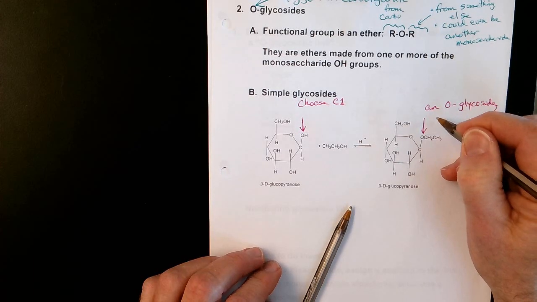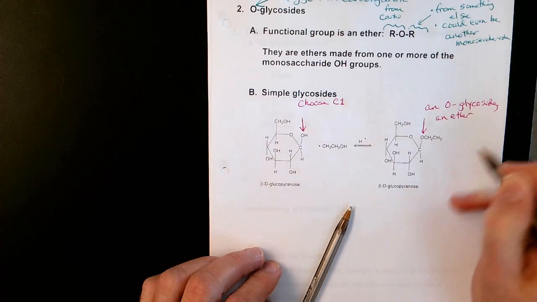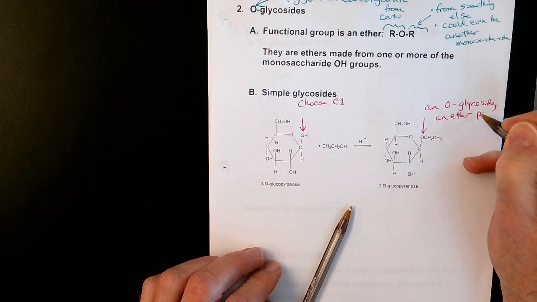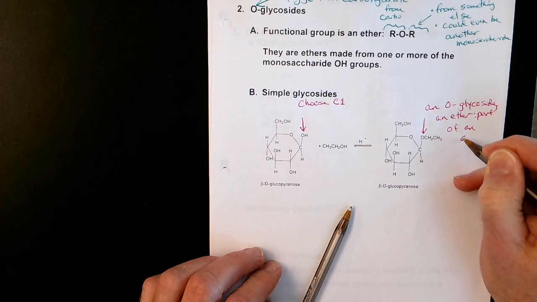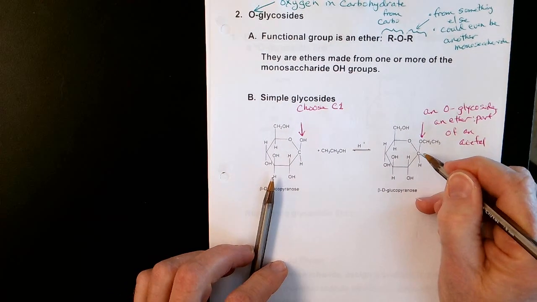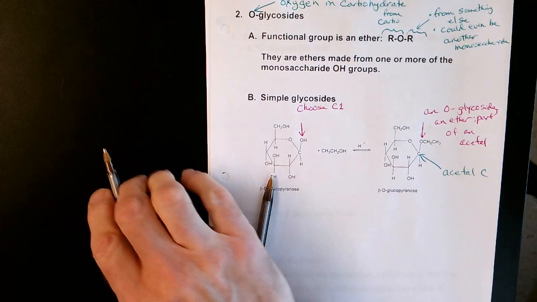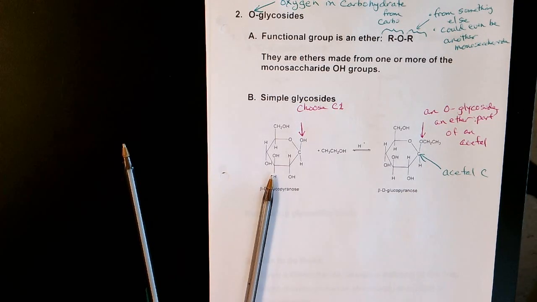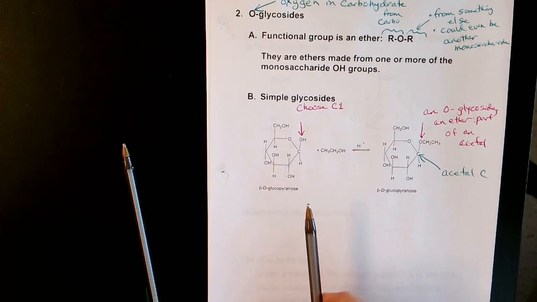It's an honest-to-goodness ether. Which is actually part of an acetal, if you're trying to be precise about it. That carbon right there is now an acetal carbon. Okay, but the point is you've got something new on the oxygen.